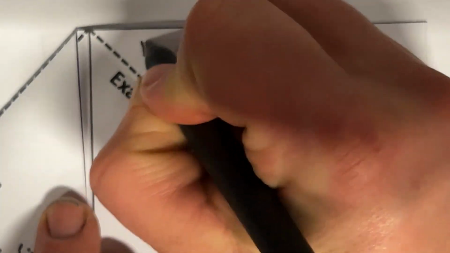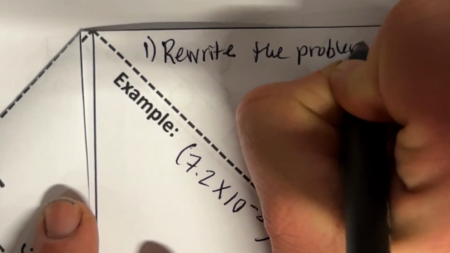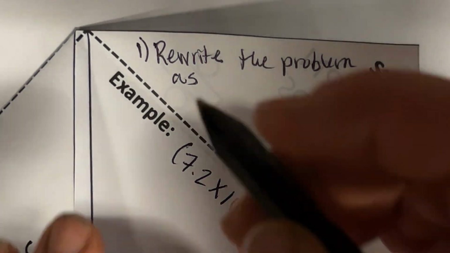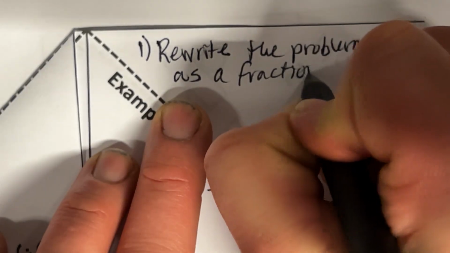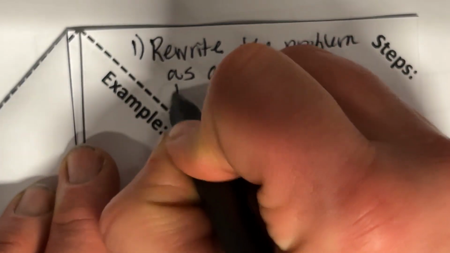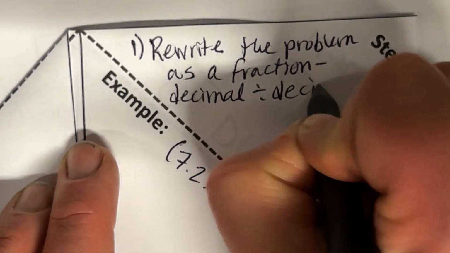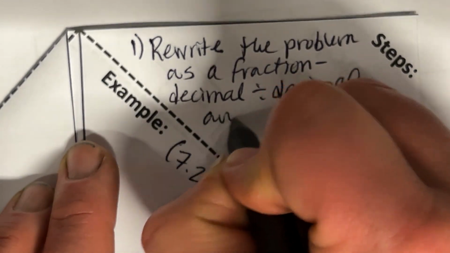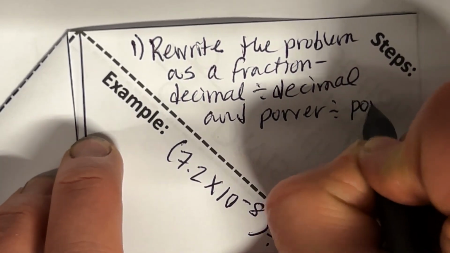So, step 1, rewrite the problem as a fraction where we have decimal divided by decimal and power divided by power.